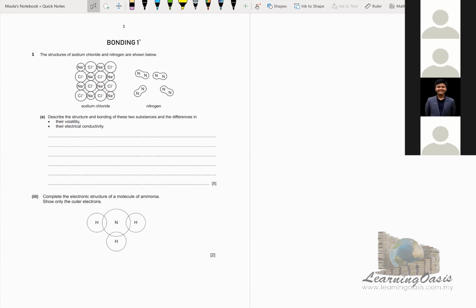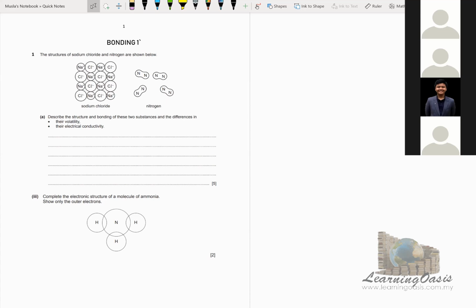Nina, read yours. Sodium chloride. Ions in sodium chloride are held together by strong electrostatic attraction, and an ionic bond is formed between metals and non-metals in a compound. Nitrogen molecules are held together by van der Waals forces, and a covalent bond is formed when there is sharing of electrons between two or more non-metal atoms.